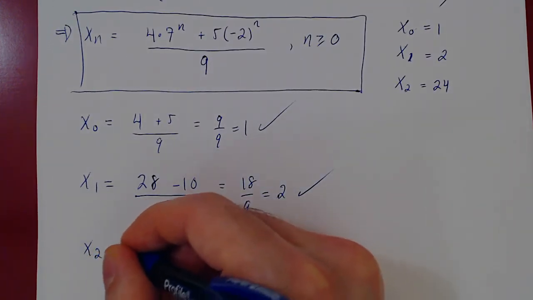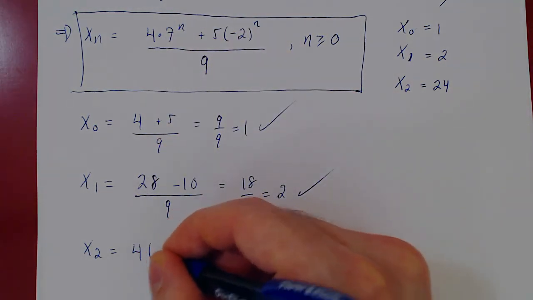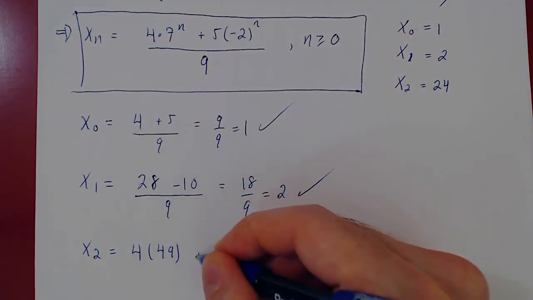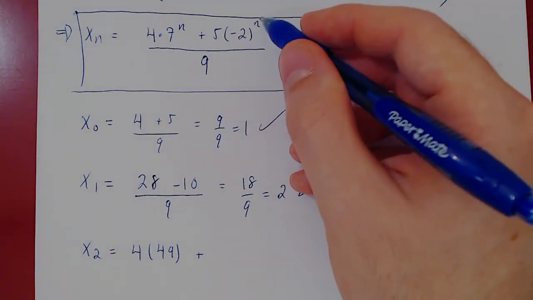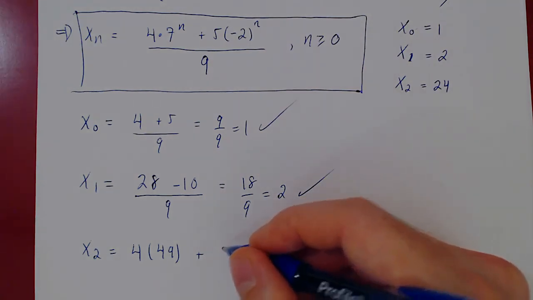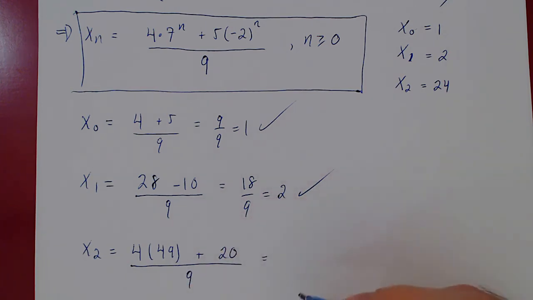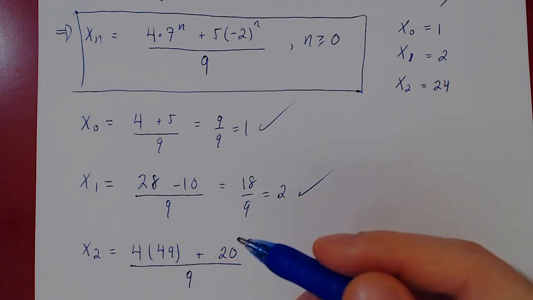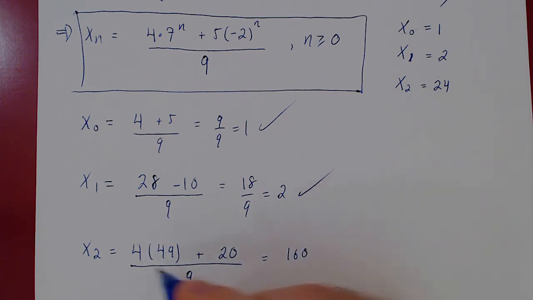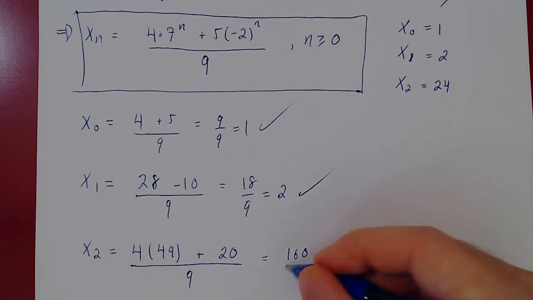And let's compute finally x2. Well, x2, again from the formula, replacing n by 2, you'll have 4 times 7 squared, which is 49. Plus 5 times negative 2 squared. Well, negative 2 squared is 4. 5 times 4 is 20. So that's plus 20 over 9. Well, 4 times 49 is 196, so it's 196 plus 20 over 9.